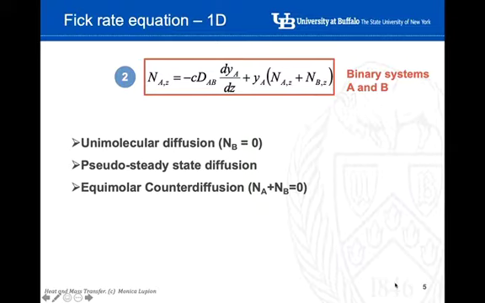If you recall, we gave an example of a beaker where the level of the element A was moving with time. And the third case is the equimolar counterdiffusion, when the molar flux of the element A is equal and in the opposite direction to the molar flux of the element B. And this is exactly the same in the case of unsteady state.